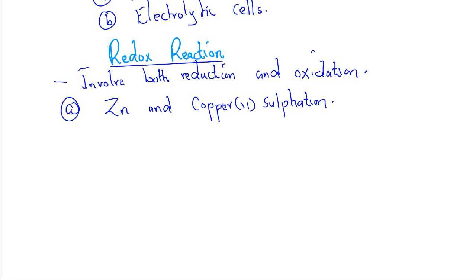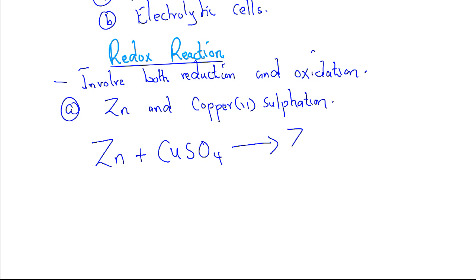When zinc powder is added to blue copper 2 sulfate solution, brown deposits are observed and the blue color fades and finally turns colorless. These observations are made because zinc is more reactive than copper, and therefore it reacts with copper 2 sulfate to form zinc sulfate and copper.